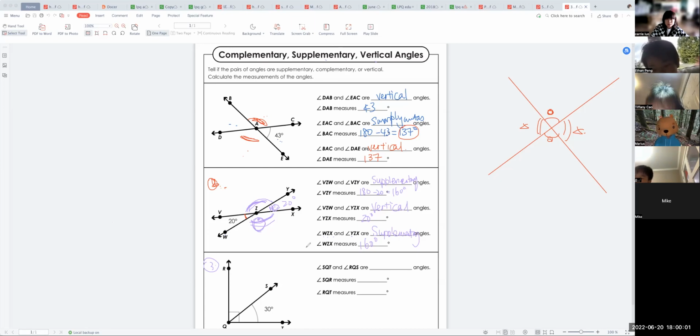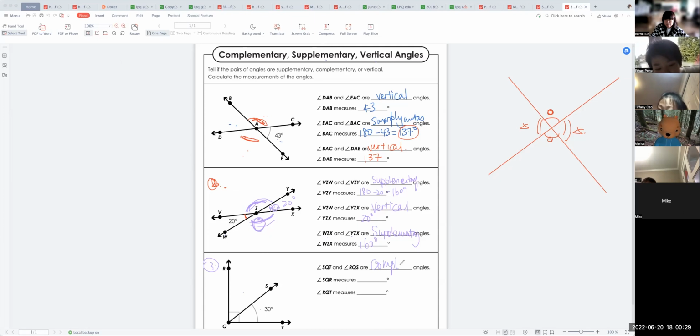Okay, so everybody, let's take a look at this one. So SQT and RQS are what angles? Because I have received Daniel's. Daniel, you get it right. Okay, and I have got Maris. You get it right as well. So they're what? They are complementary, boys and girls, because these two add up to 90 degrees.